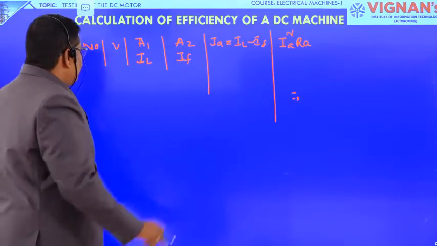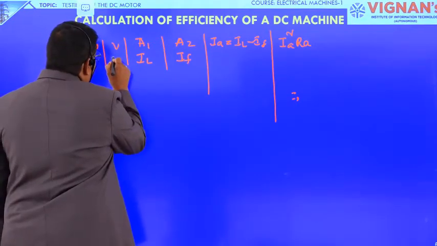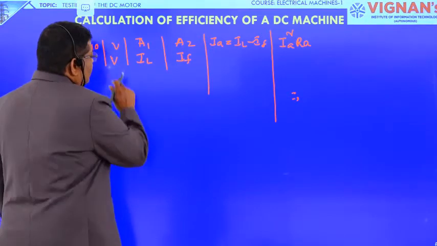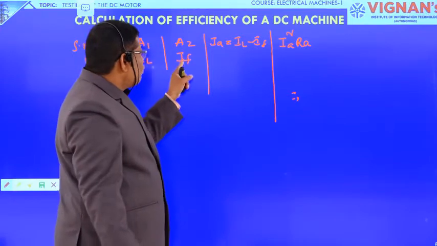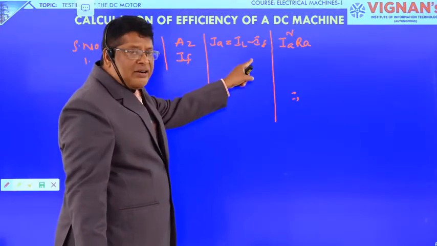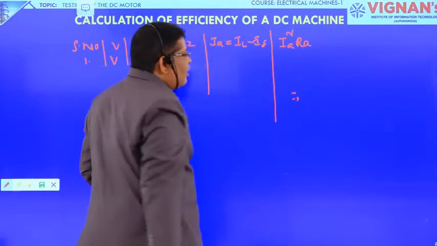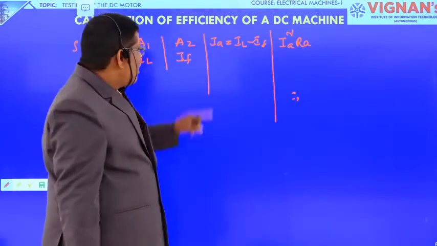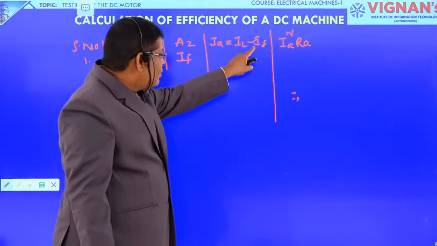See here, we have the serial number, the voltmeter reading V, IL, and field current. From these two values, we calculate the armature current, and once you know it, we calculate the armature copper loss. Armature current equals input current minus field current.